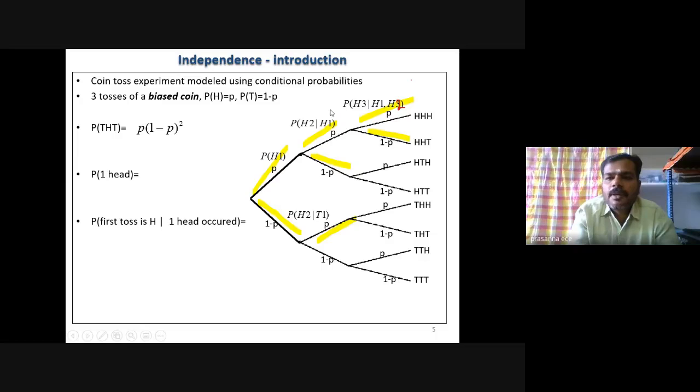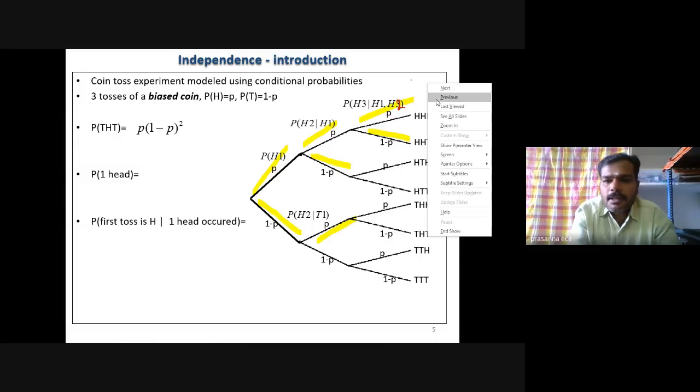We want to ask three questions. What is the probability of getting tail, head, and tail? I have given the probability along with the path: P and 1 minus P, P for head and 1 minus P for tails.